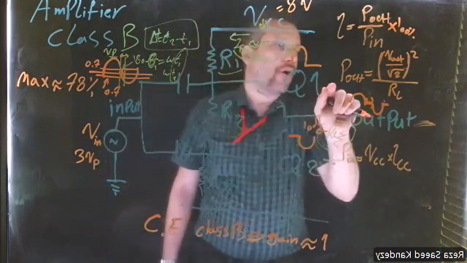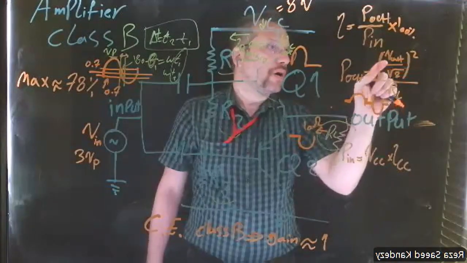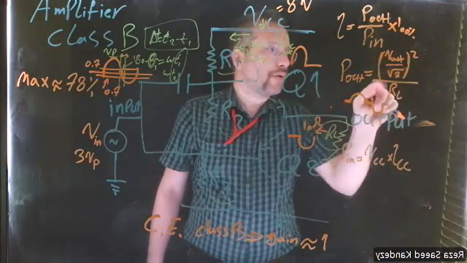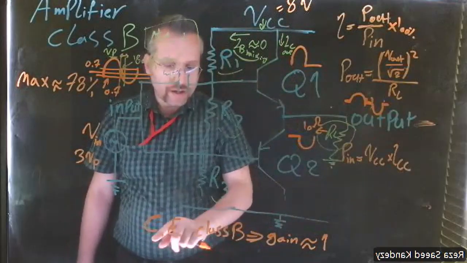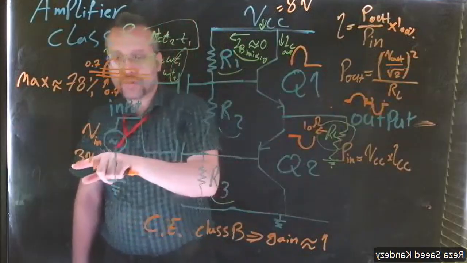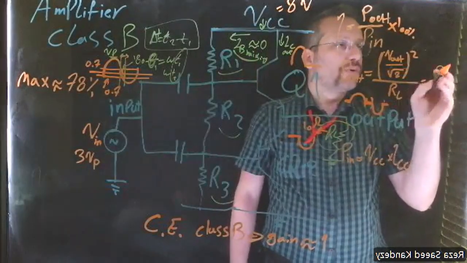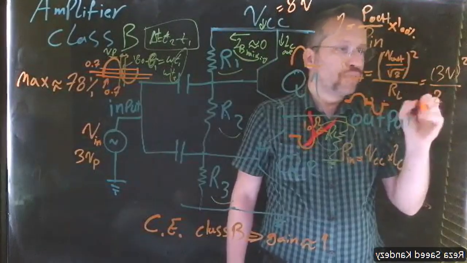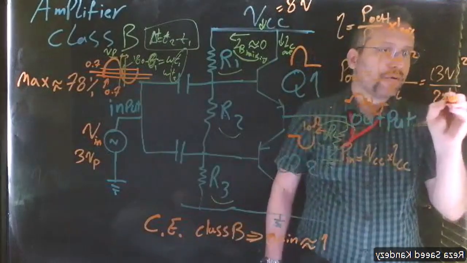We said that our P out is V out divided by square root of 2, all of that squared over RL. Now, we have a common emitter class B, so our V out is equal to V in, so it's going to be 3 volt squared over 2, and our RL is 10 ohm, times 10 ohm.